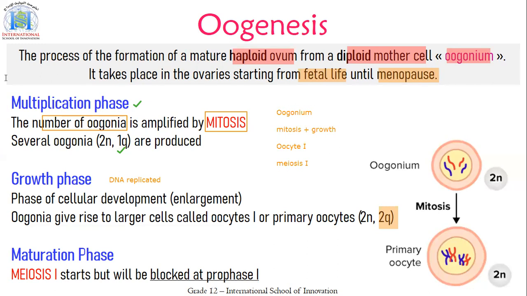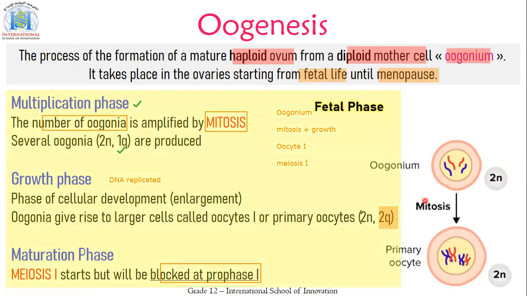However, this meiosis 1 is blocked at prophase 1. This happens before birth. So all females at birth have their oocyte 1 blocked at prophase 1. We call this the fetal phase before birth.